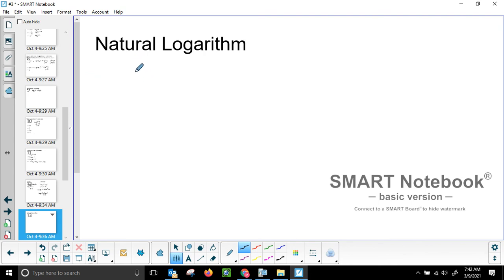The natural logarithm is actually log base e of some argument a. But we never actually write log base e. Log base e is the same thing as ln. So whenever you see ln, that's the natural log, which is just log base e.